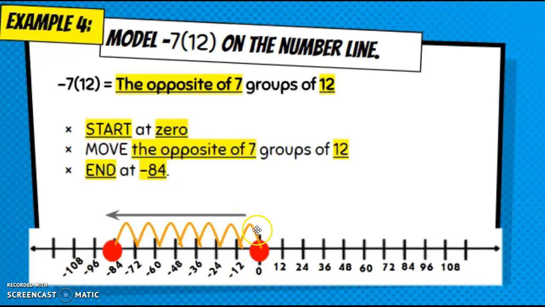So again, I would go to the left. 1 group, 2 groups, 3 groups, 4, 5, 6, 7. 7 groups of 12. And I would end at -84. So again, a negative times a positive is a negative, because the opposite of 7 groups of 12 would be negative 84. You go in the opposite direction on the number line.